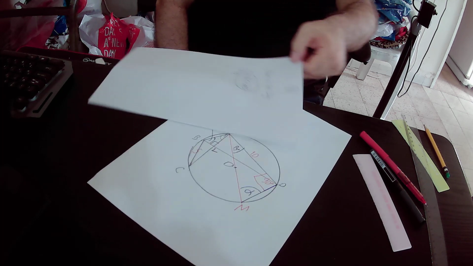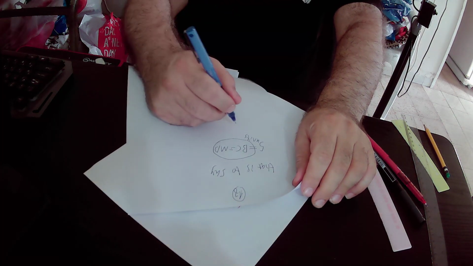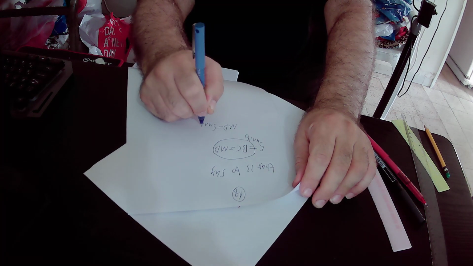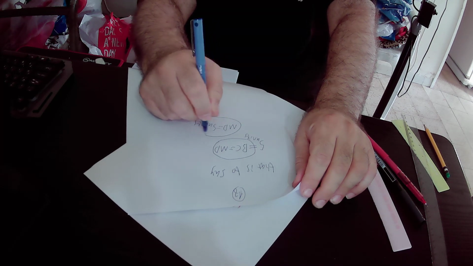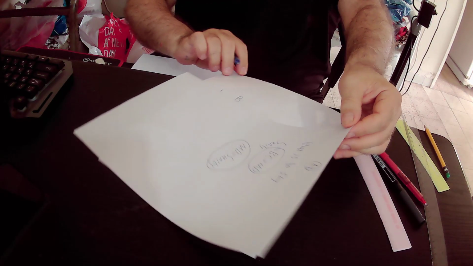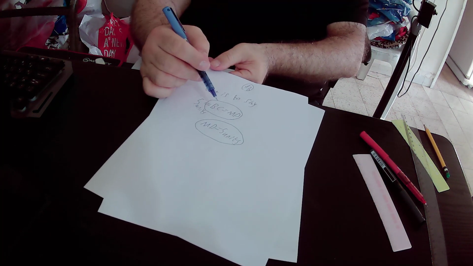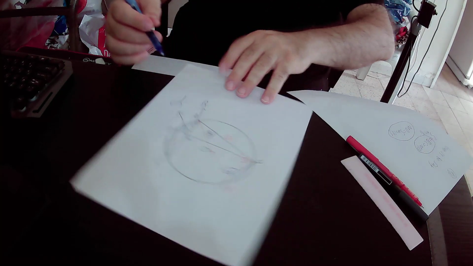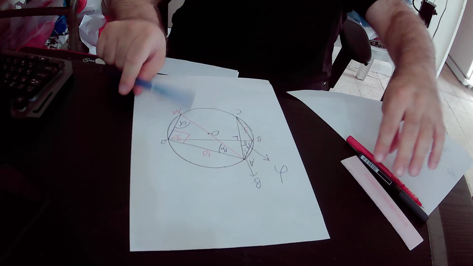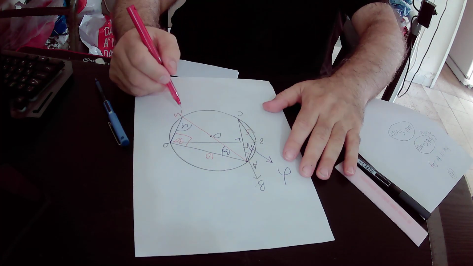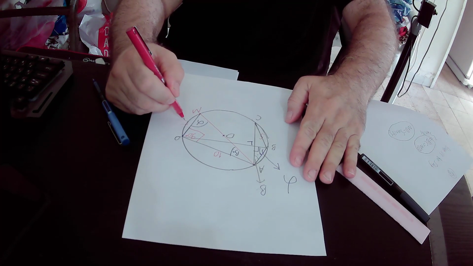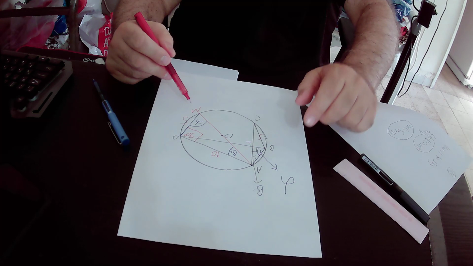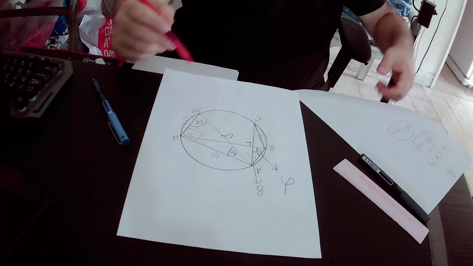Okay? MD equals 5 units. So we can write here that chord MD equals 5 units.